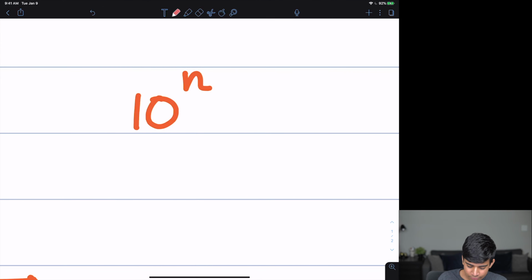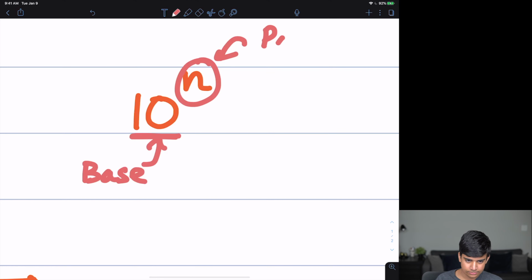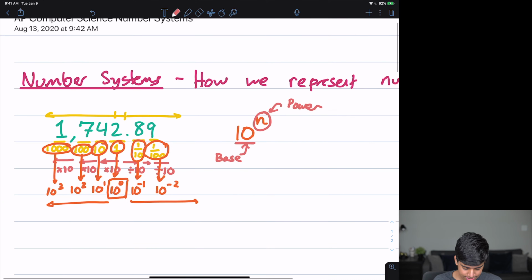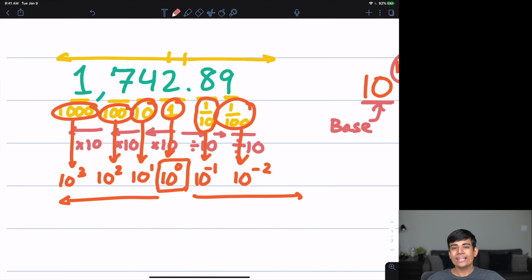And that's the thing, right over here, we call this number the base. And then we call this number up here the power. So now I know that all of the places within the number system that we always use on a daily basis, you can take any number, and you have that ones place, 10 place, thousands place.